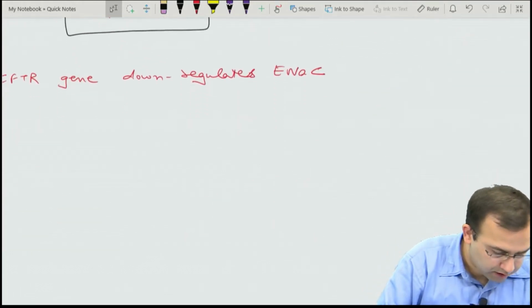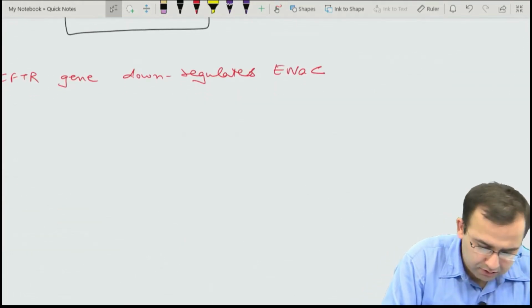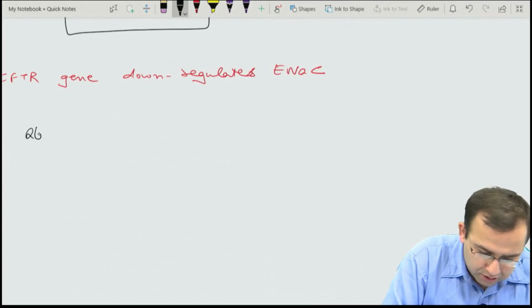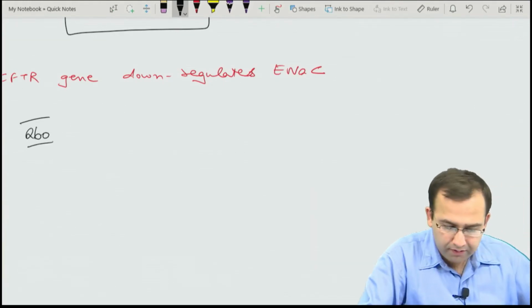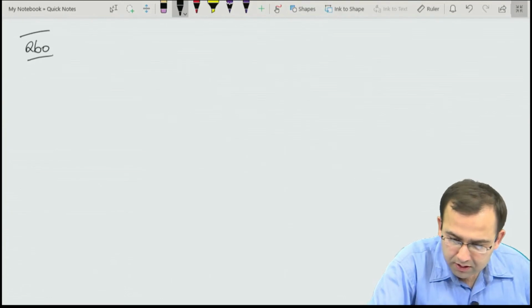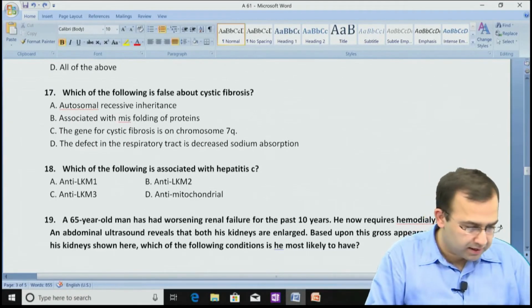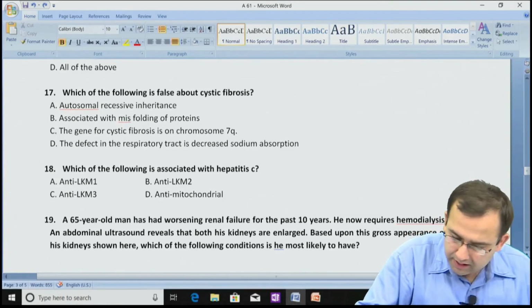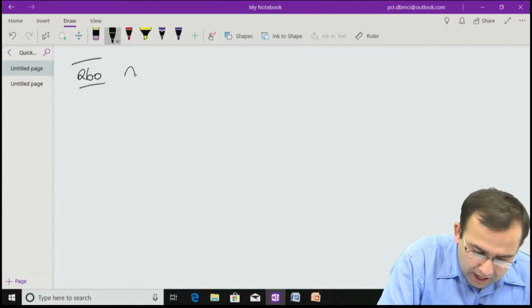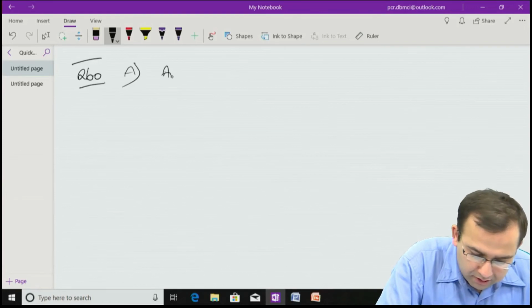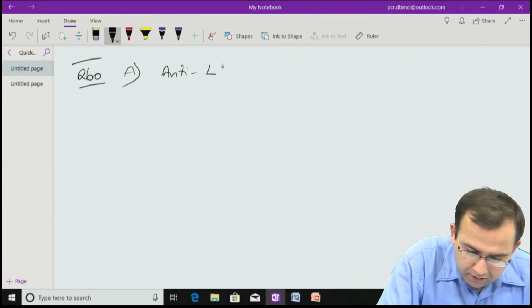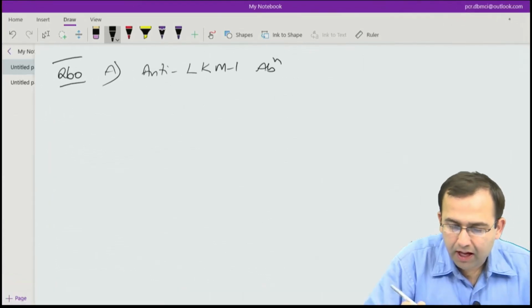Next, this gets us to question number 60. Which of the following is associated with hepatitis C? The answer is A, anti-LKM1, anti-liver kidney microsome 1 antibody.